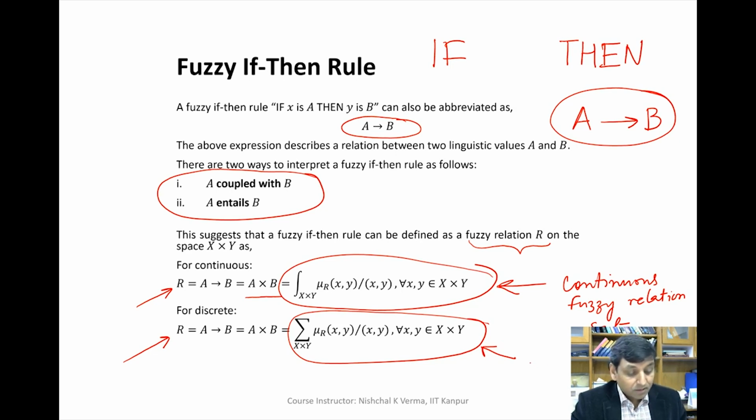So here, the discrete fuzzy relation set R. That is how we get a fuzzy relation set out of fuzzy set A and fuzzy set B by taking the cross product of it, or I would say the Cartesian product of it.